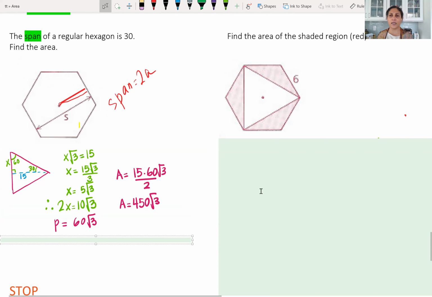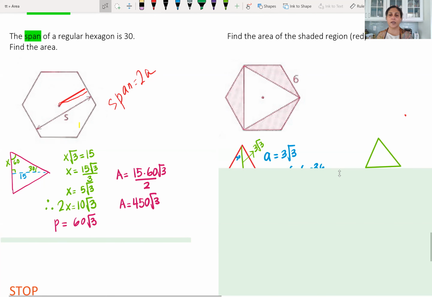In the second one, we have a hexagon with sides of 6. And it's divided, and if you can see, this triangle inside is an equilateral triangle. So first you have to find the area of the full shape.